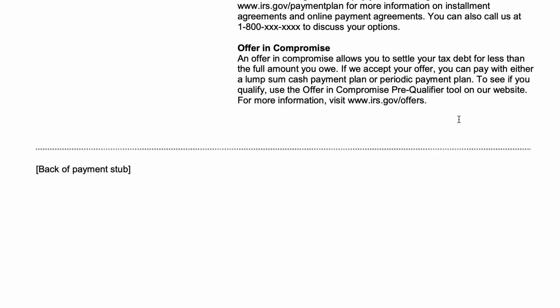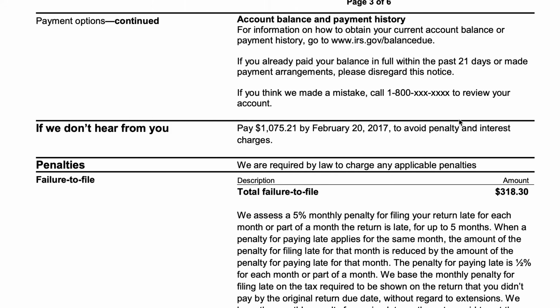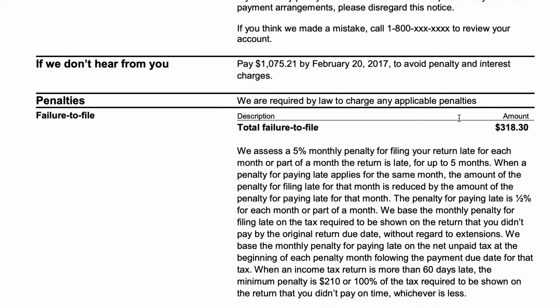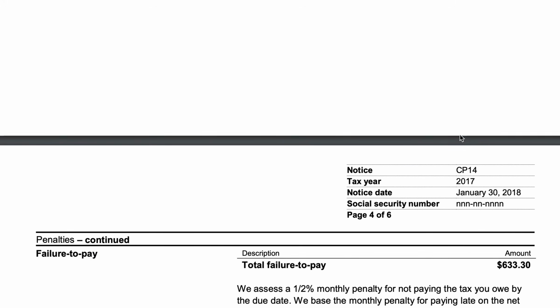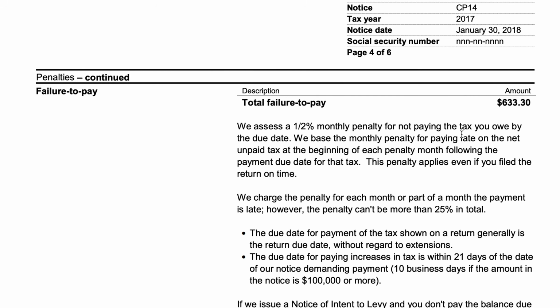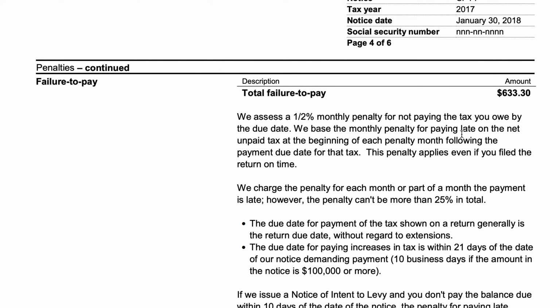So even if that was possibly within 30 days or 60 days, we're still paying more than that, $210. The failure to pay penalty, again, is 1%, not 5% per month.